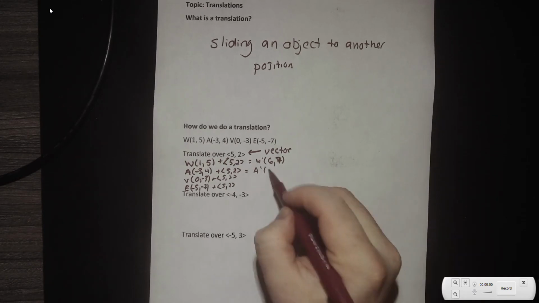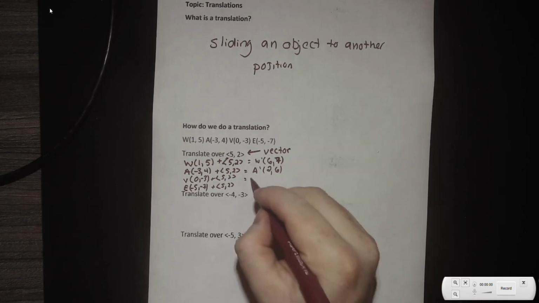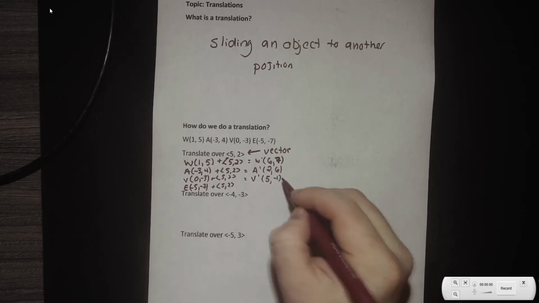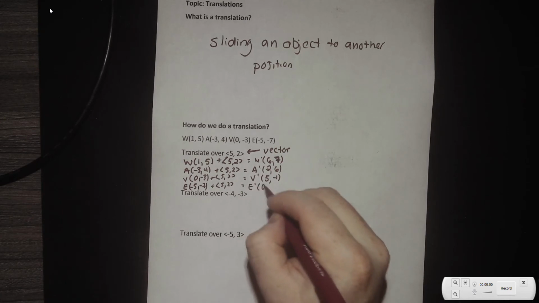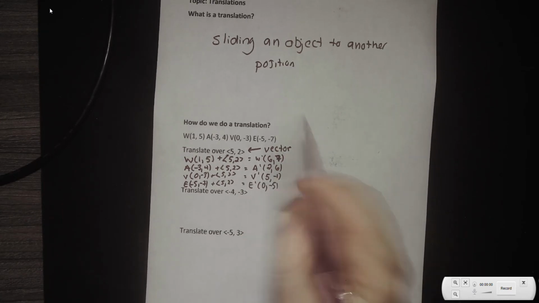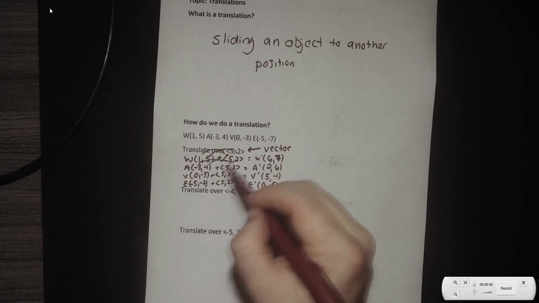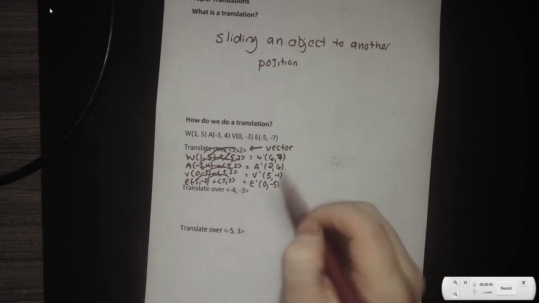Let's see. 2, 6. 5, -1. And 0, -5. So I'm literally just adding. And that's how I get my new points.